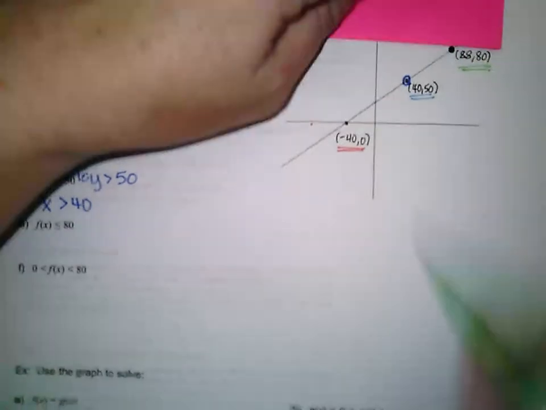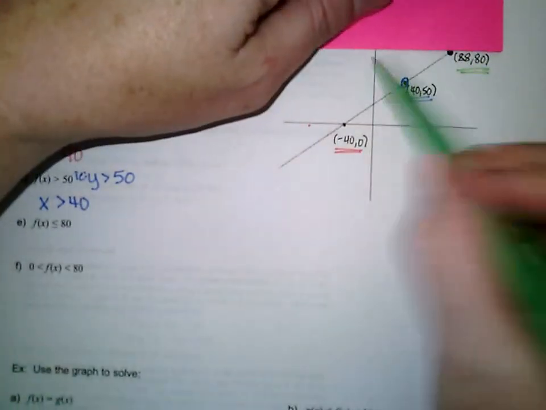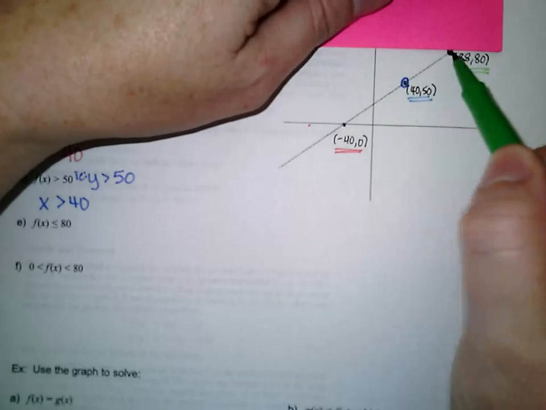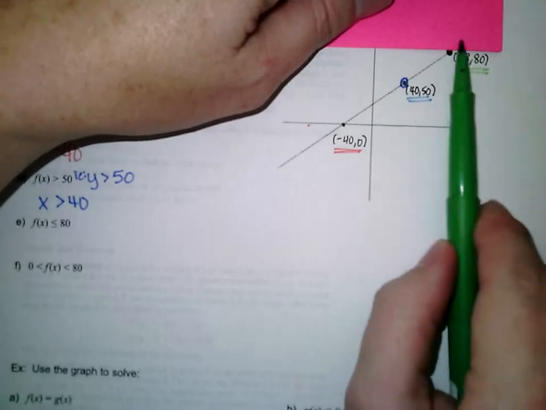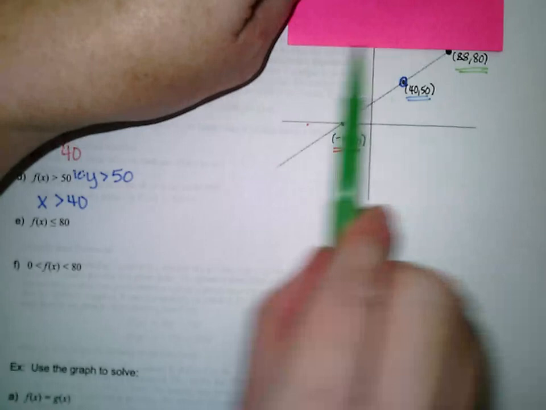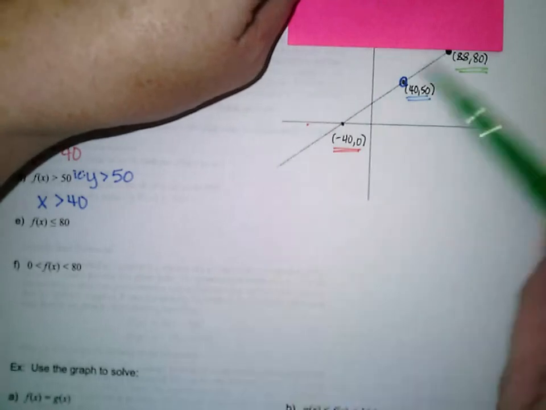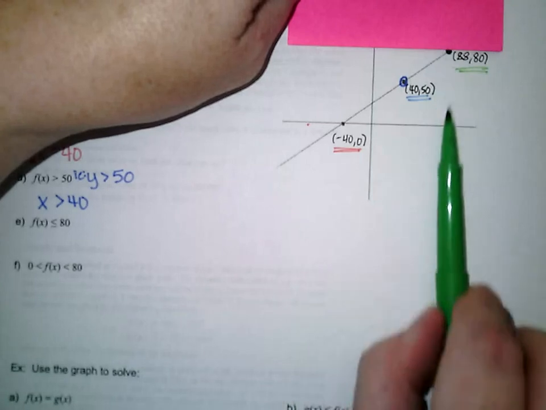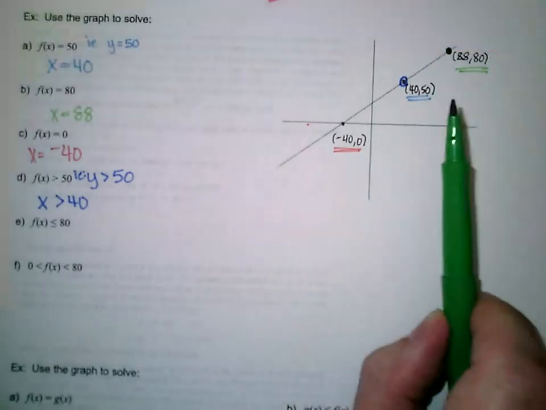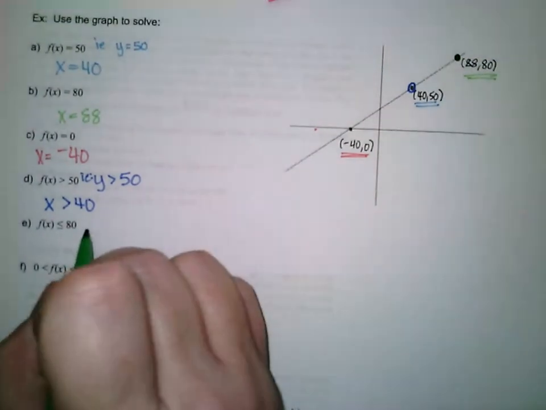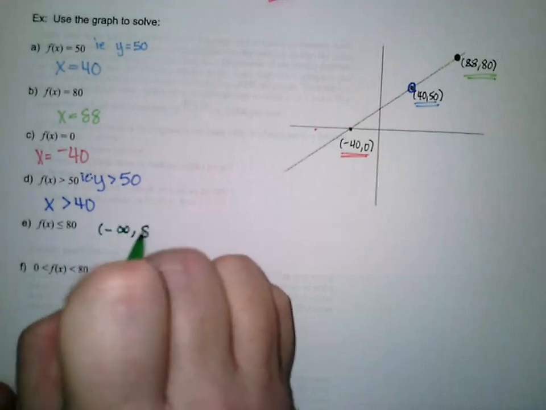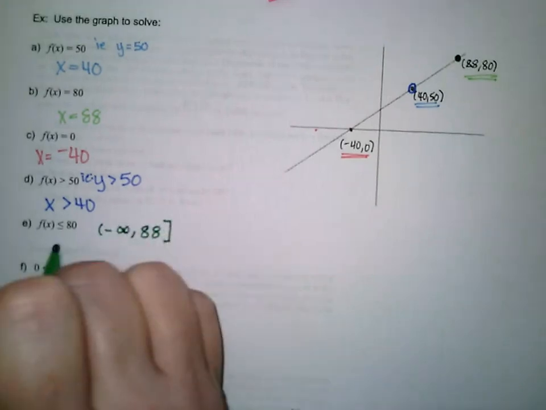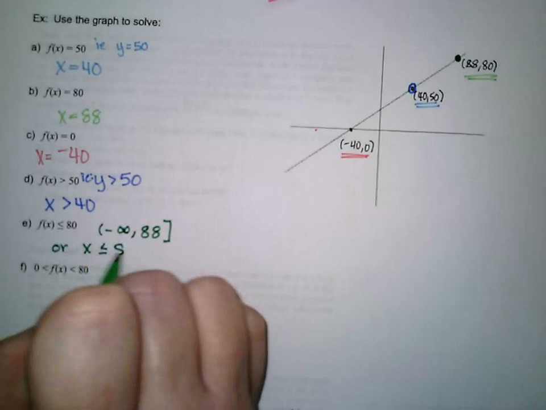So it's going to be all the y values below this point, including this point. Since we give that in terms of x, I'm only looking at the x values for where I can see this line. So that would be from negative infinity up to 88, or x is less than or equal to 88.